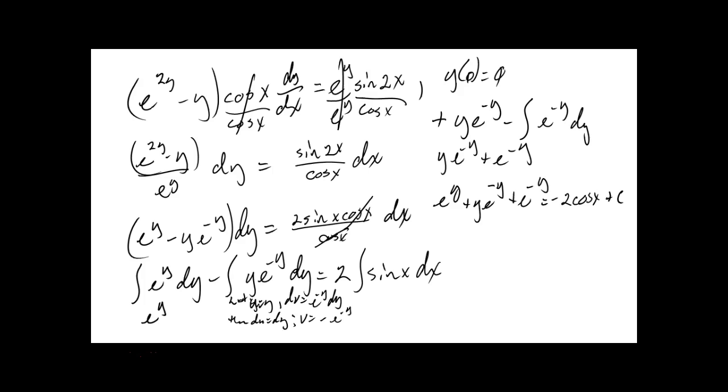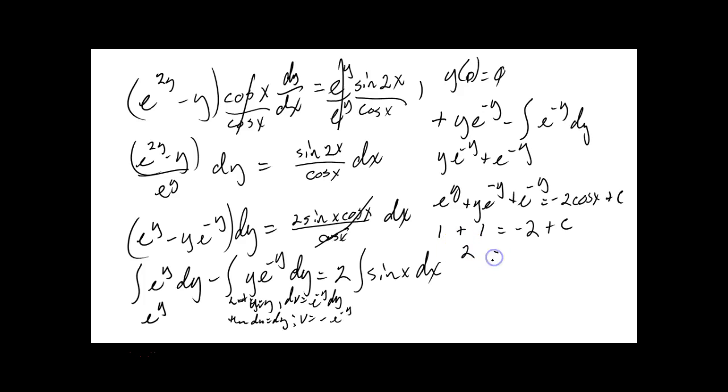Now, initial condition where x is 0, y is 0. So what we have here is a 1 plus 0 plus 1 is equal to a negative 2, because cosine of 0 is 1, plus c.